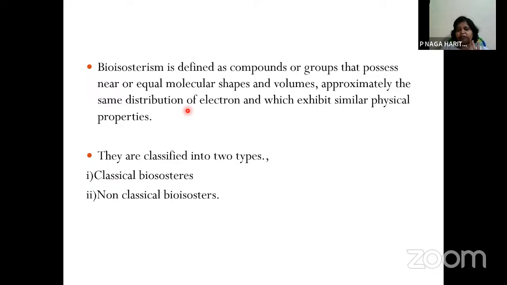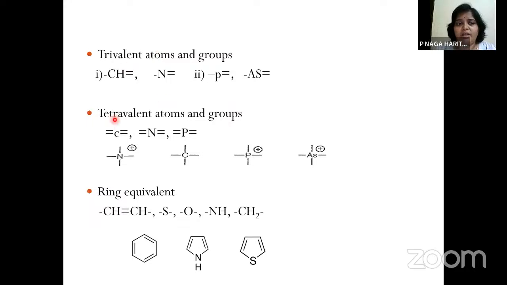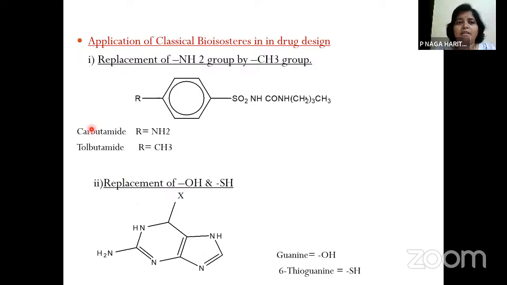They are classified as classical bioisosteres and non-classical bioisosteres. The classical bioisosteres have similarities of shape and electronic configuration of the atoms, groups, and molecules which they replace. The classical bioisosteres may be univalent or bivalent. So these are the examples that we have, the different types of functional groups which are considered as bioisosteres, and trivalent and tetravalent ring structures we have.